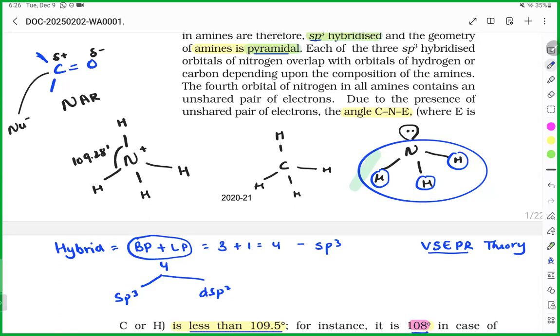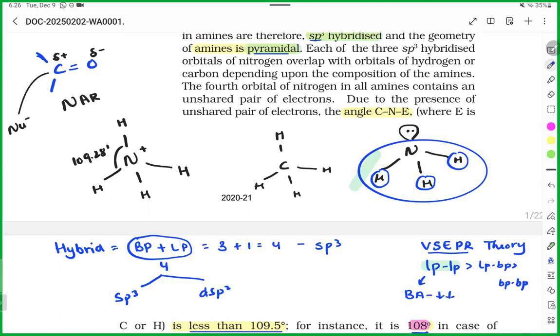Whenever you have more lone pairs, there will be maximum repulsion: lone pair-lone pair, then lone pair-bond pair, and in the end, bond pair-bond pair repulsion. So basically, the presence of a lone pair will repel more, and in this case there will be the least bond angle.